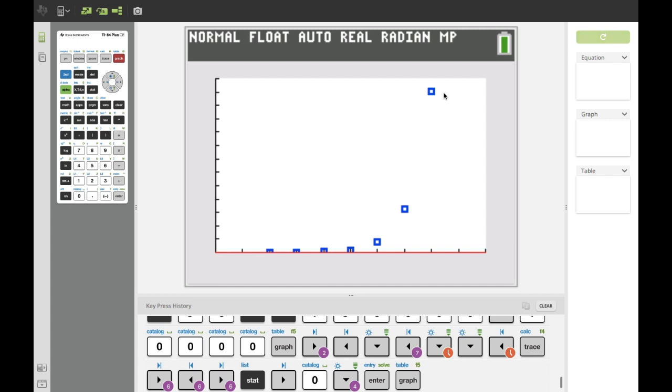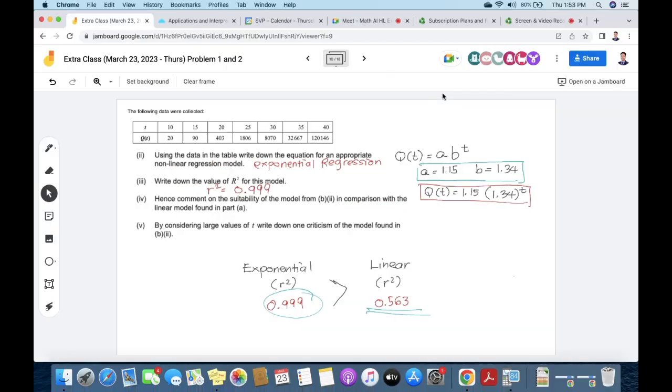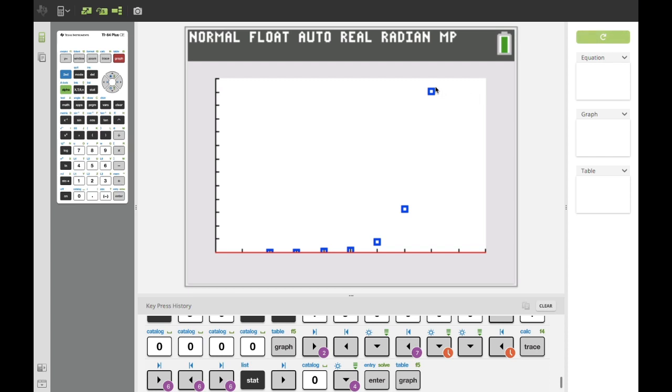In fact, if it's only 40 days, it already reaches 120,000. How about if it's 2 months or 1 year? If this is true, then there will be a point in time wherein the number of computers infected could be more than the population, because the population of computers is finite, meaning it's not infinite.